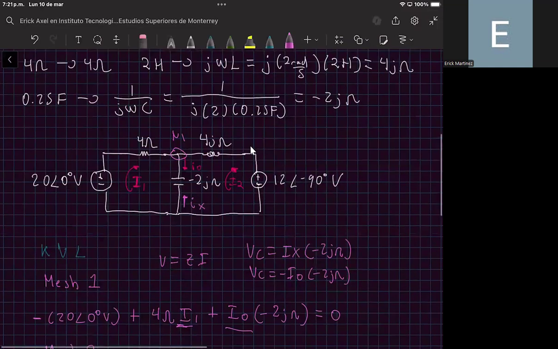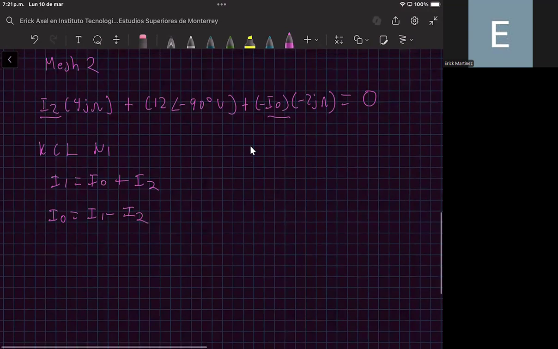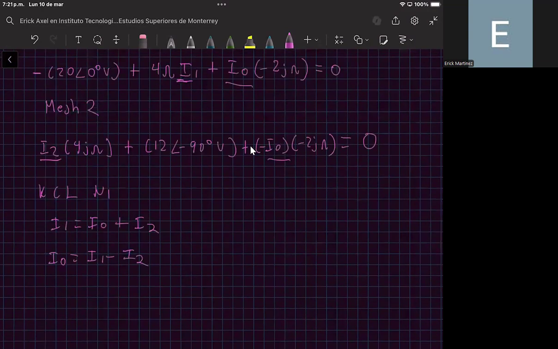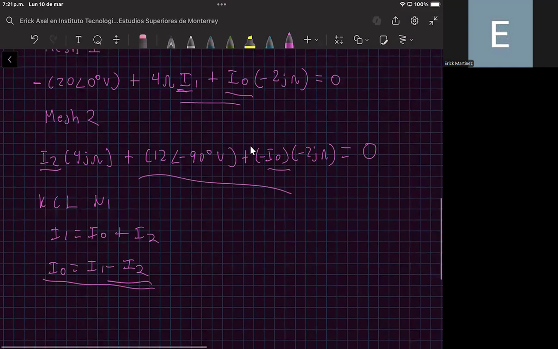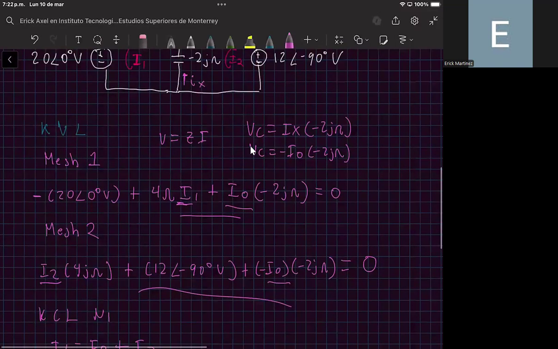I2 is also leaving that node. So we can say that I sub 0 is equal to I1 minus I2. Okay? So now we have three equations with the three unknowns that we need. Okay? In fact, we can solve the circuit by using these relationships. Okay?